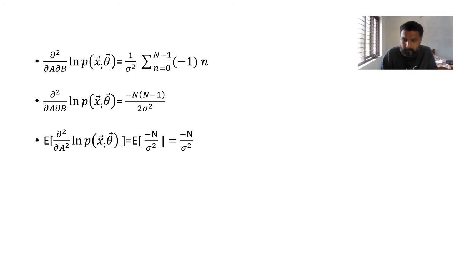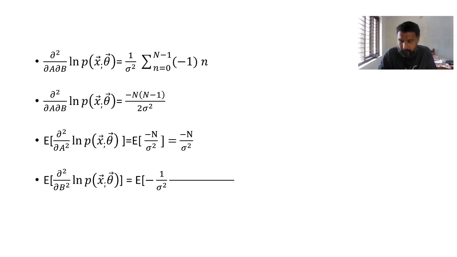Next, expectation of ∂²/∂b² ln p(x;θ) is minus 1 by σ² times N(N minus 1)(2N minus 1) by 6, which is the same.